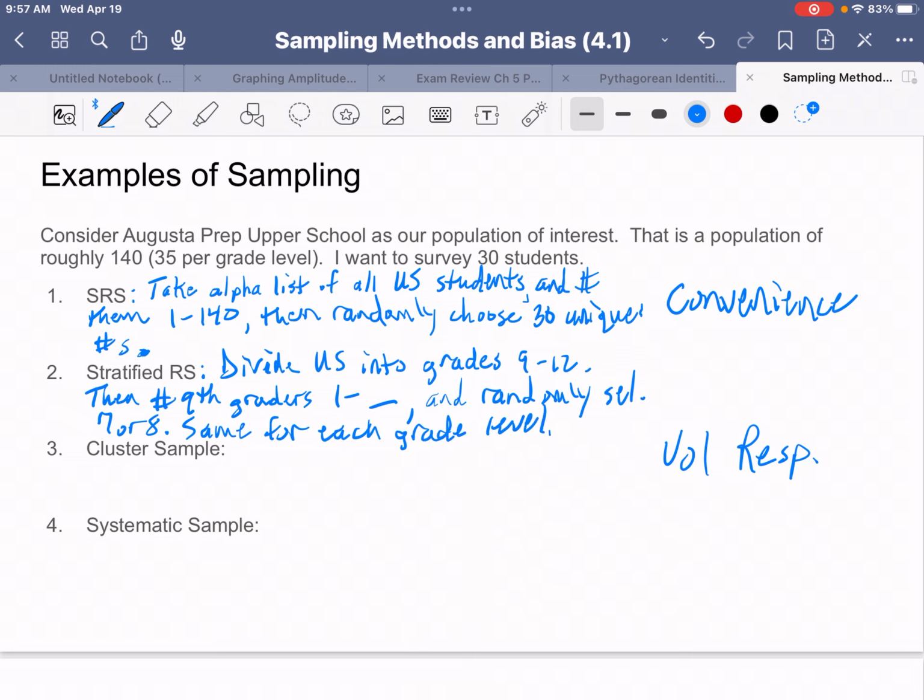Okay, so you're emphasizing that a stratified random sample is dividing the population into groups and then randomly selecting some from each grade. Okay, now a cluster sample. Divide upper school into grade levels.